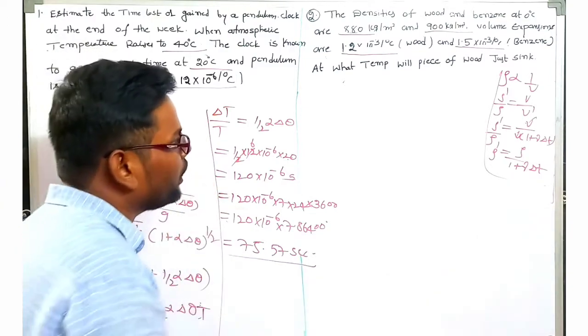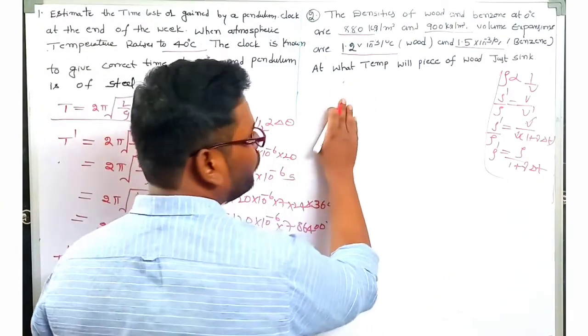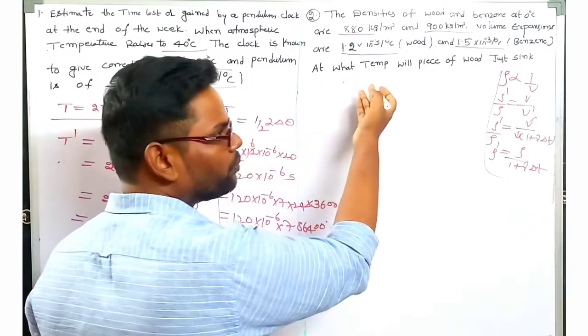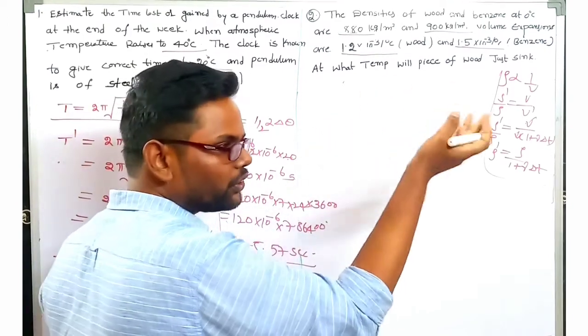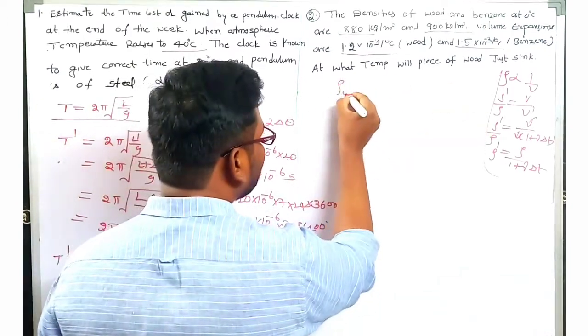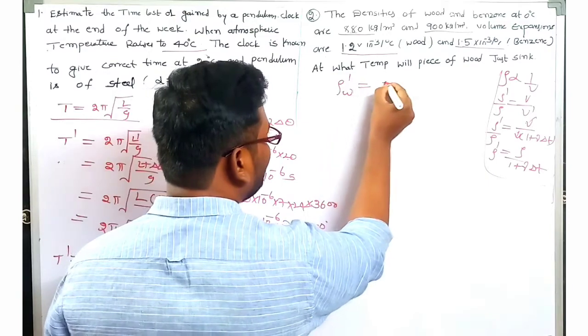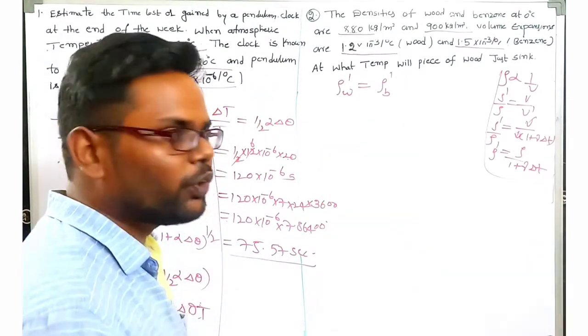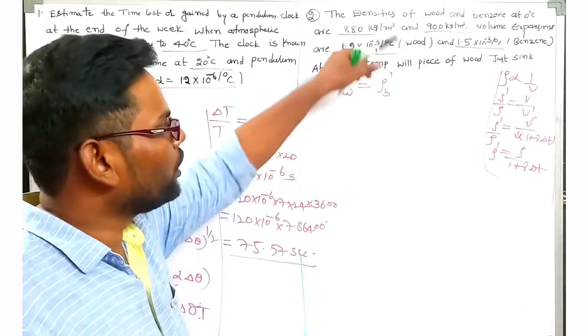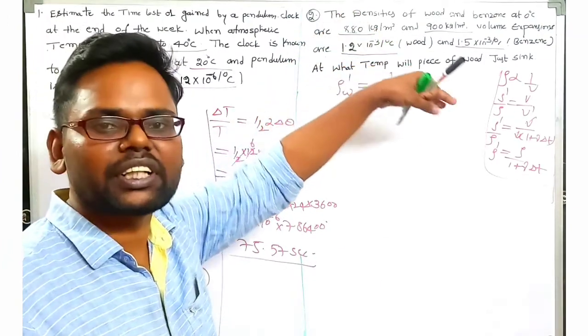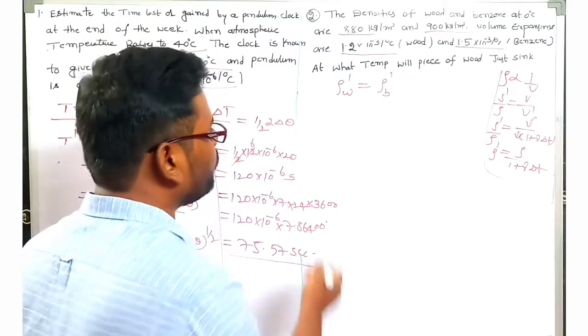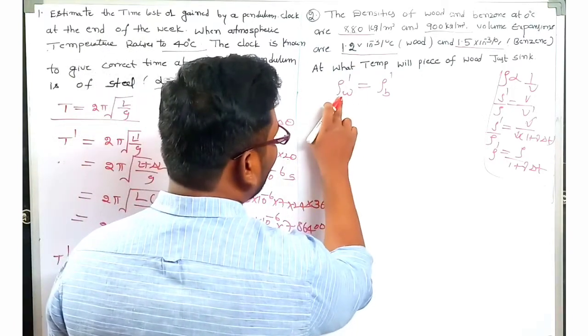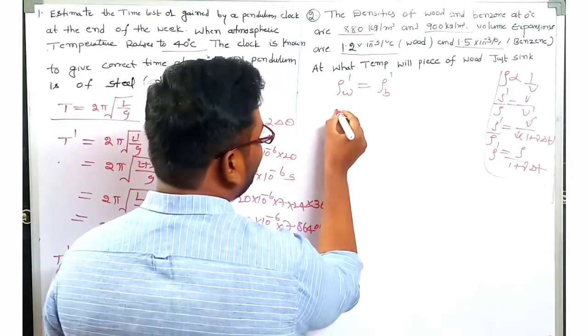Now if you raise the temperature of the system, the densities are going to change. So the density of wood is equal to the density of the benzene. In that condition only, the wood will sink down.